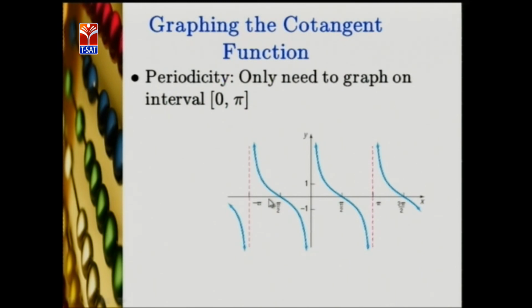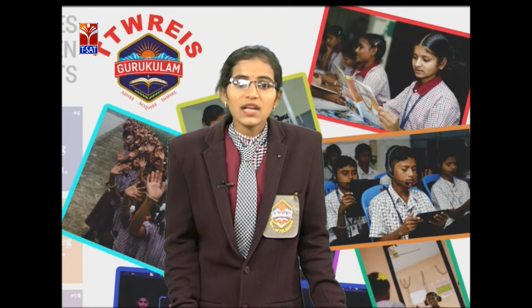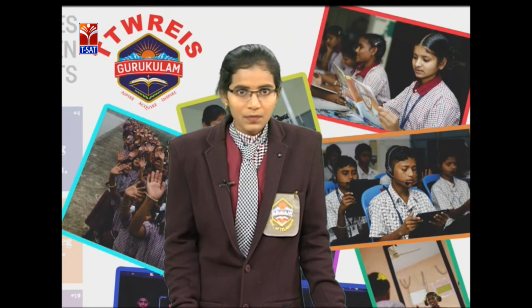At the infinity positions, we are getting the y-intercepts. Coming to minimum and maximum values, we can observe them in this graph. So the properties of the cotangent function are: the domain is all real numbers except the integer multiples of pi, and the range is all real numbers.